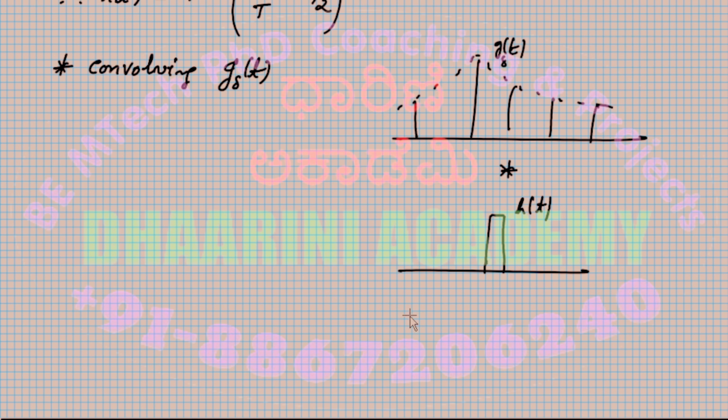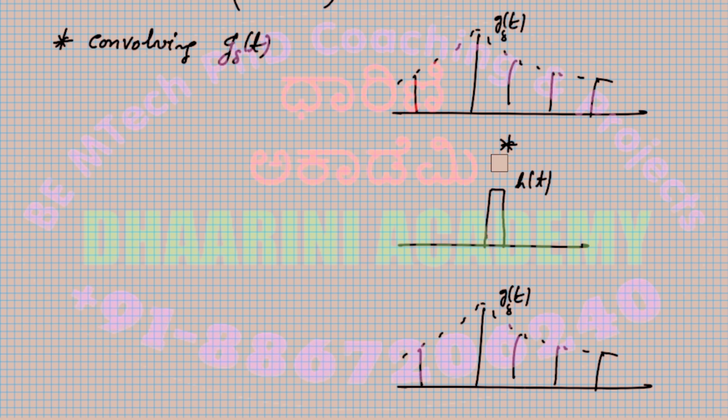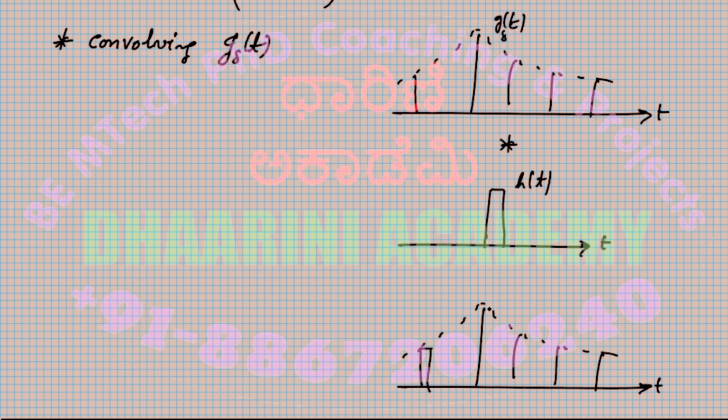Now it is no more g delta of t, I'll just erase that part. Wherever the function h of t exists, that will be replicated at the positions of the delta function. That means here I get one pulse, here one more pulse, the third pulse here, the fourth pulse here, and so on. You see that you got your flat top samples here. So ultimately, the g delta of t convolved with h of t is going to give me that answer.